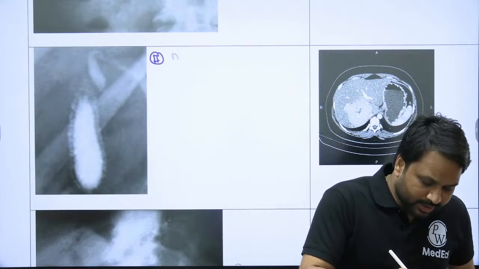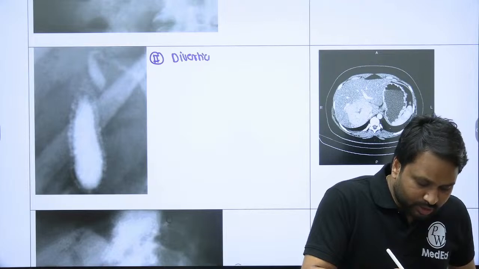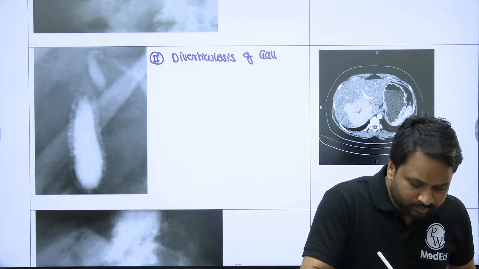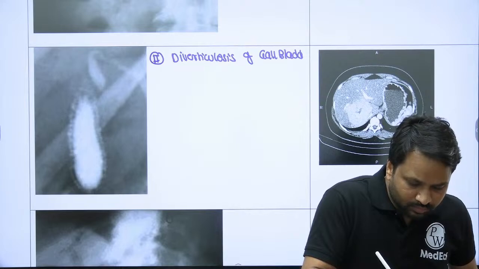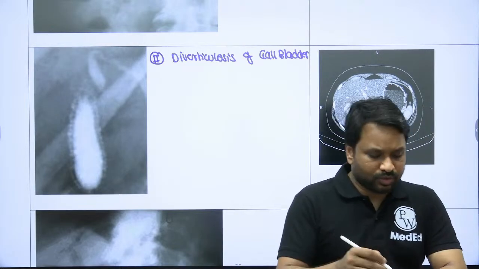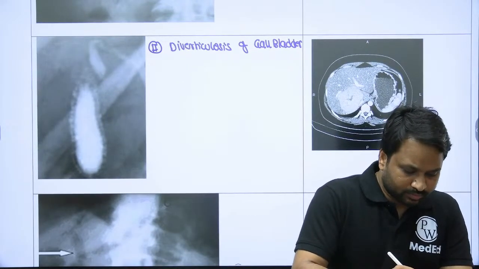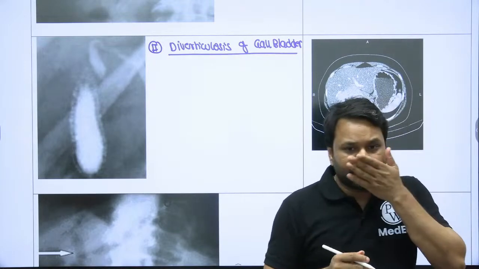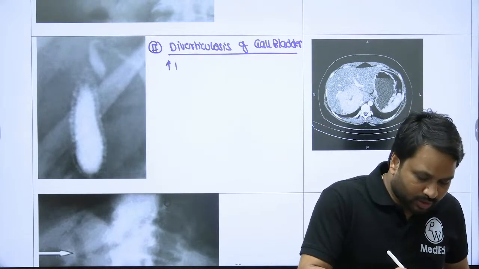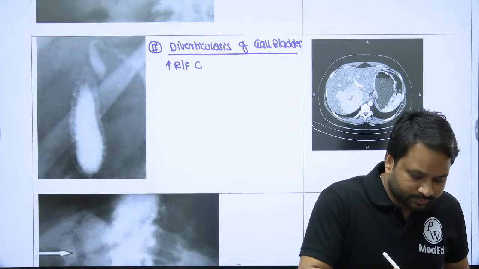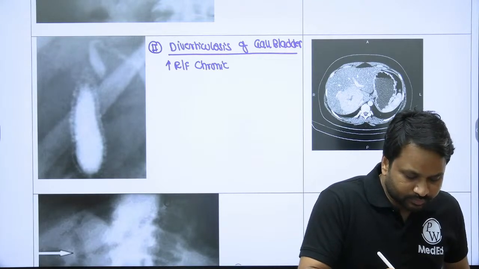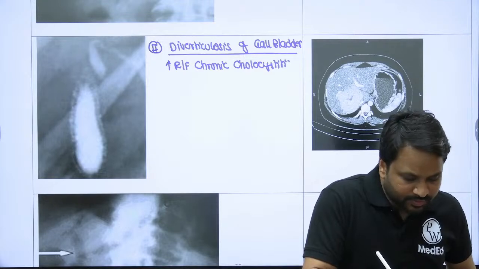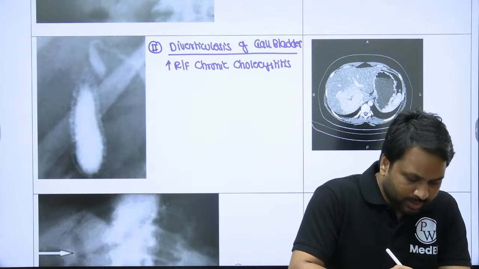This is the diverticulosis of the gallbladder. Again, this increases the risk for chronic cholecystitis.